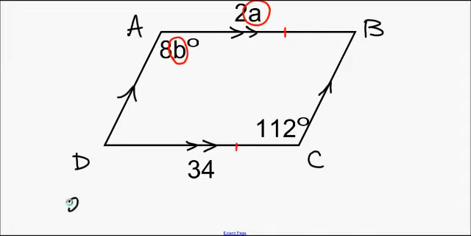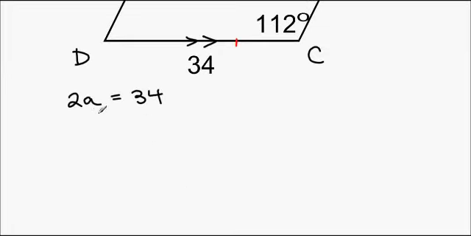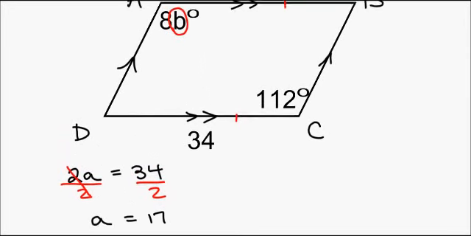So 2A is equal to 34, okay? Because 2A is on this side, 34 is on this side. Opposite sides are congruent. From here, all I have to do is divide by 2. So A equals 17.